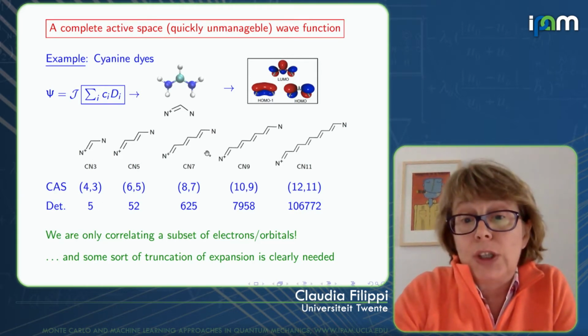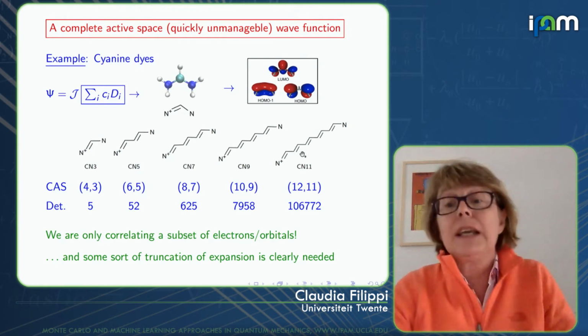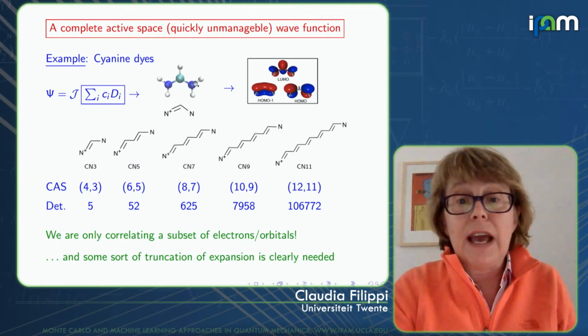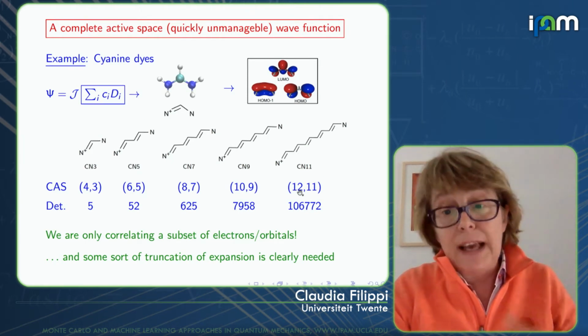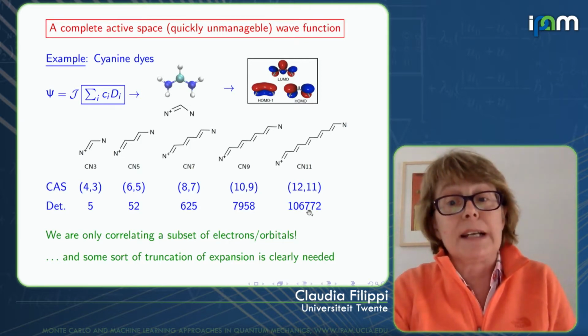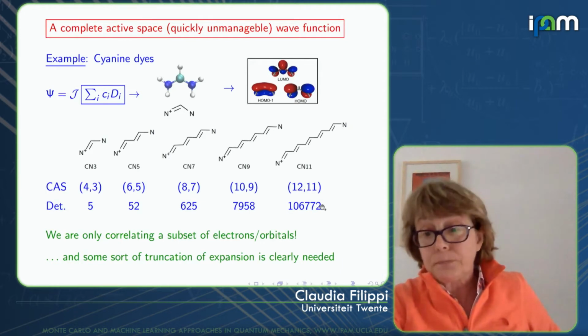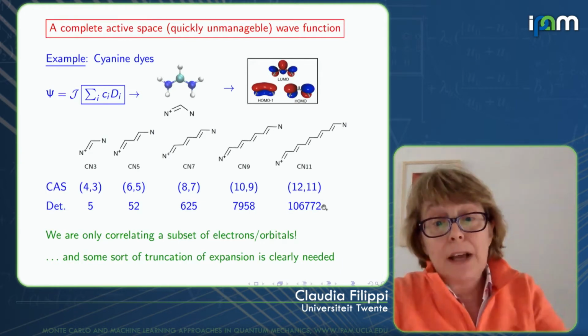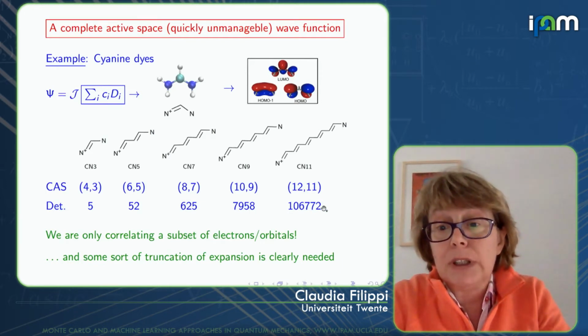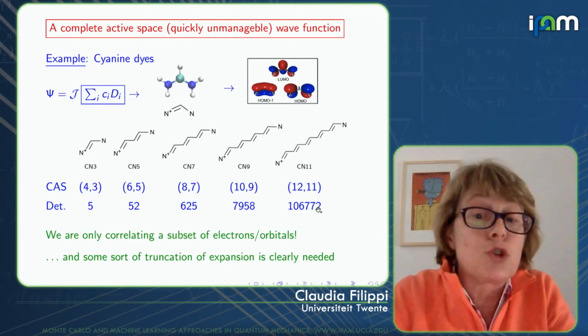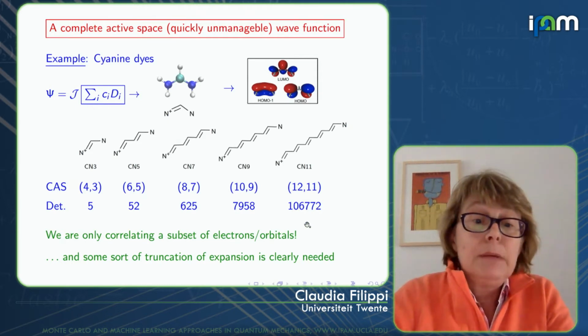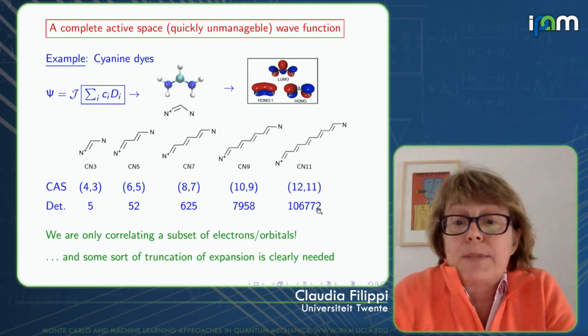But then as your system increases and you're going from 3 heavy atoms to 11, you will have more electrons and also more orbitals, and your number of determinants will grow. And so you will be correlating a lot of determinants which you might not need, but moreover you're also only correlating a subset of electrons.